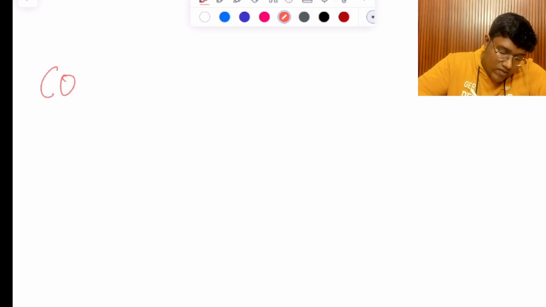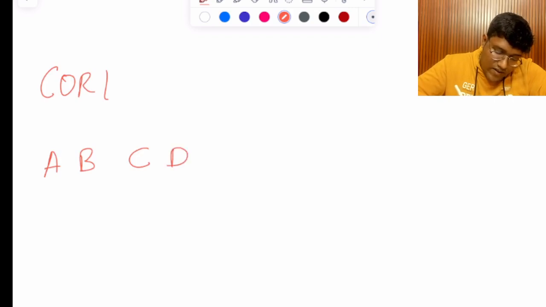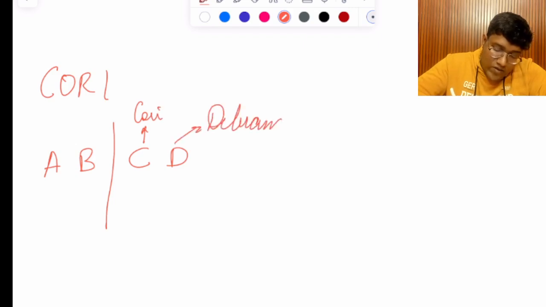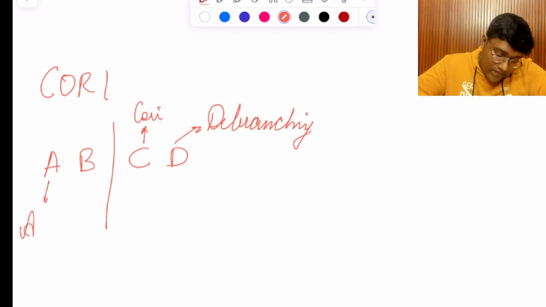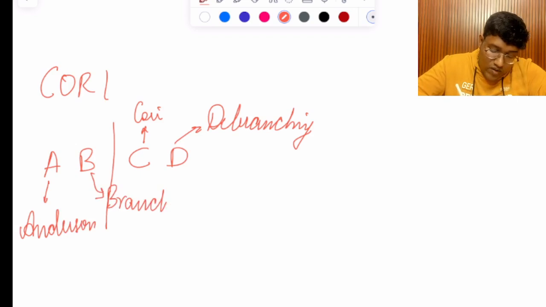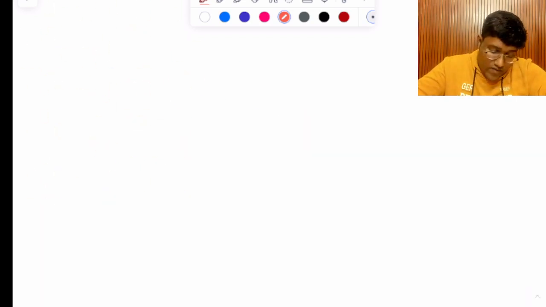So we'll talk about Cori's first. So it's this A, B, C, D, right? So Cori's is all about debranching enzyme. So in Cori's, the debranching enzyme is deficient, and in Anderson, what we see is that the branching enzyme is deficient. The one going to branch the glycogen, right?